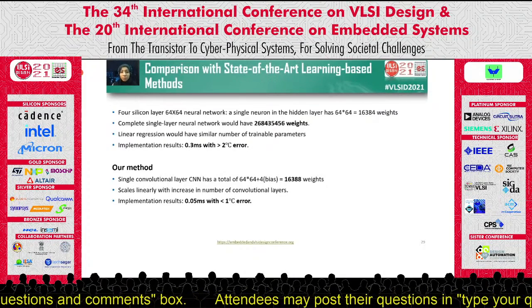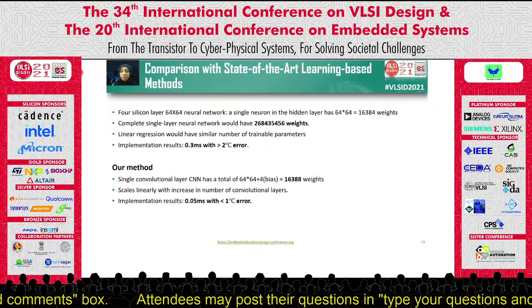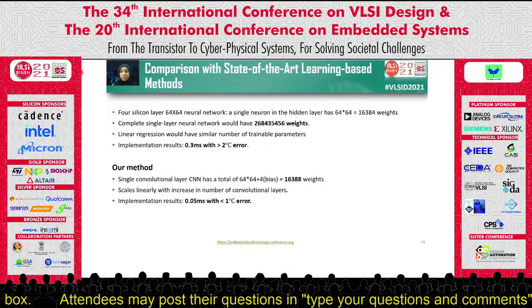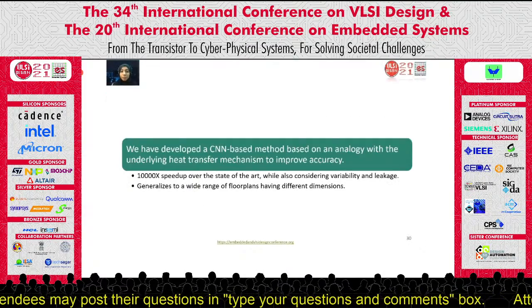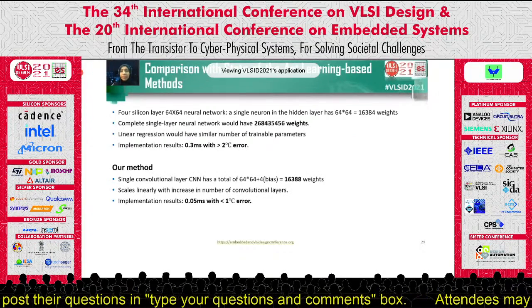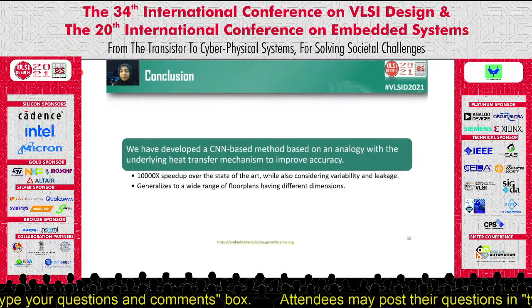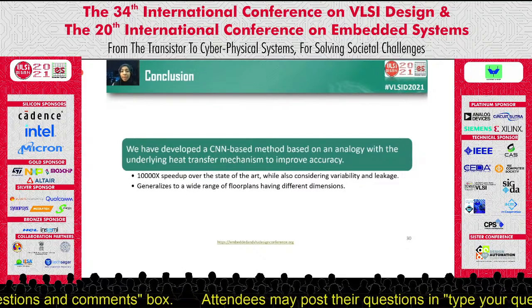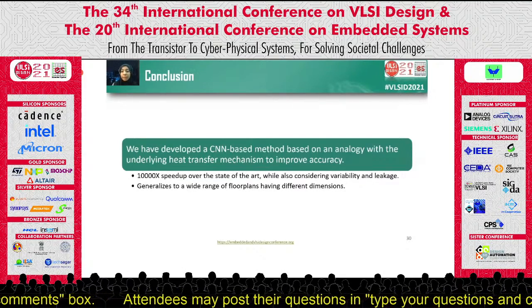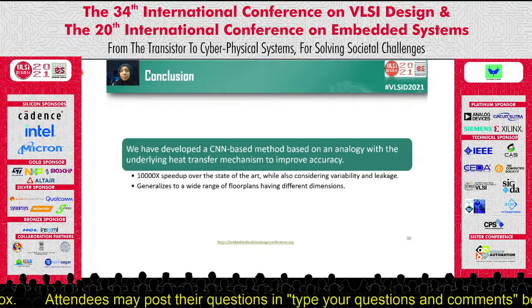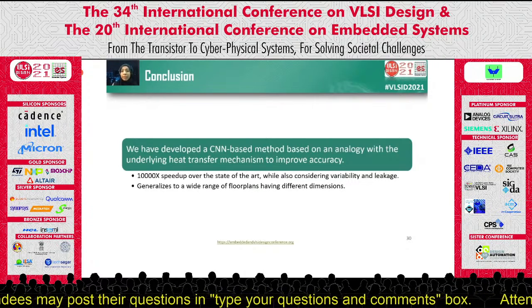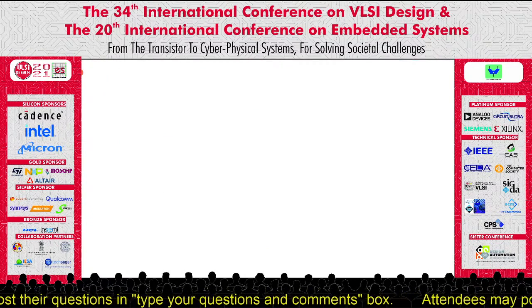We implemented both techniques, and we found that our technique was much faster with much better accuracy. This is because our method is based on an analogy with the underlying heat transfer mechanism, which results in greatly improved accuracy while also considering variability as well as leakage power, and it also generalizes well to a variety.